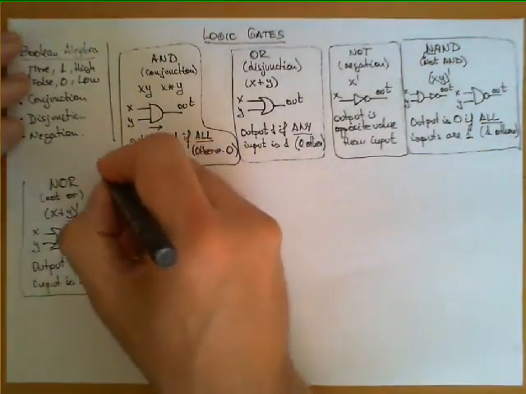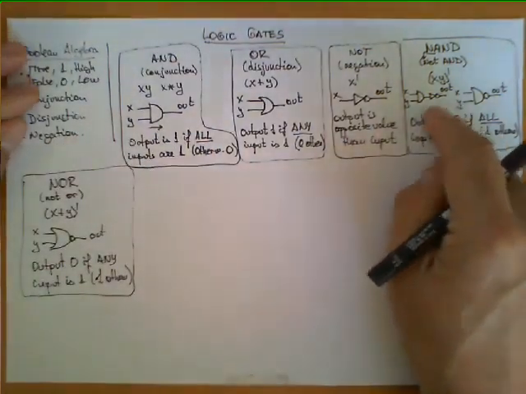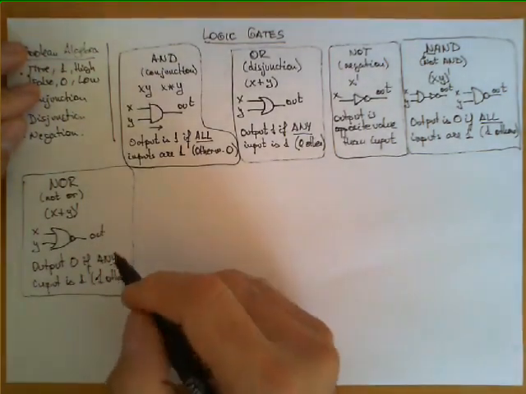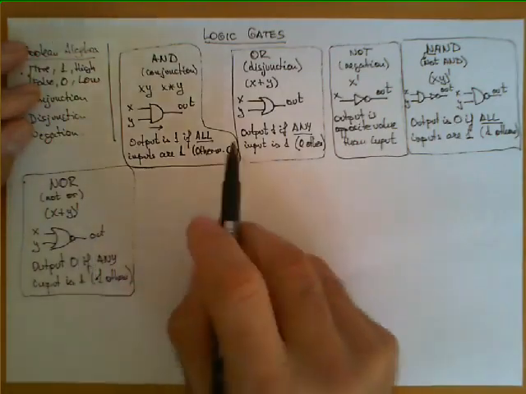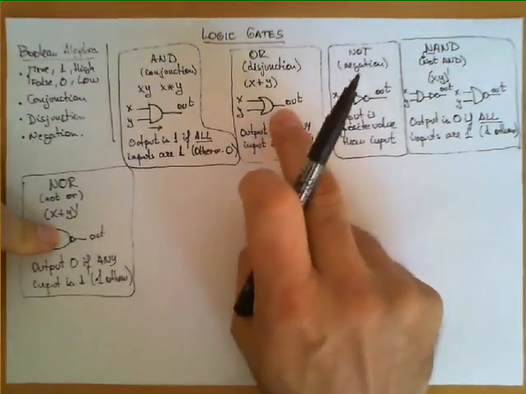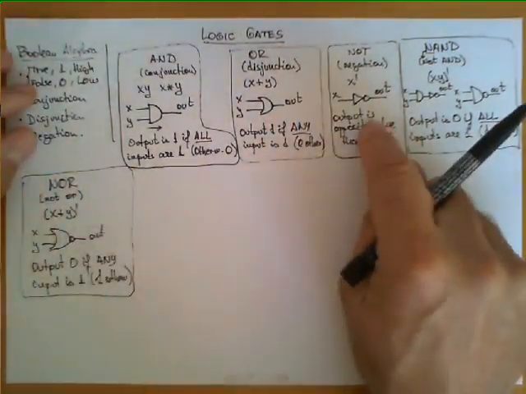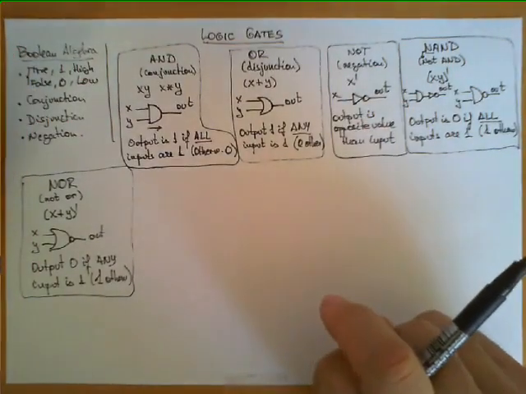So again, as in the case of the NAND gate, we have derived the NOR gate by simply assuming that we take an OR gate and we negate the output, and the OR gate follows the rules described here, and the inverter the rules of the negation.